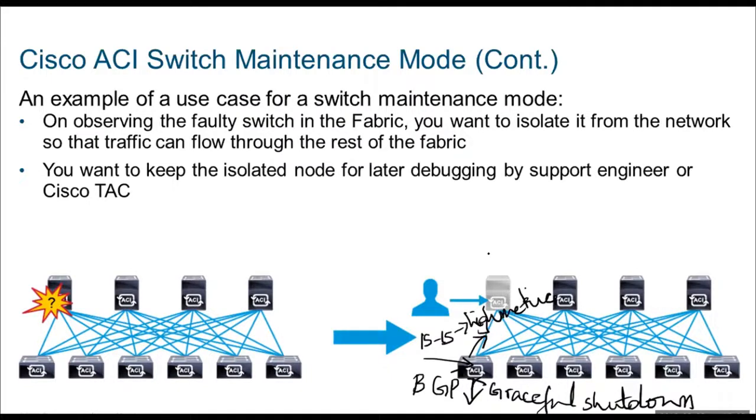In addition, it shuts down all the ports. The access ports are also shut down. The fabric ports are up and running, but the access ports are shut down. The switch will be decommissioned, rebooted, recommissioned back.